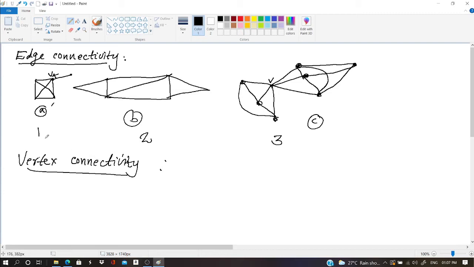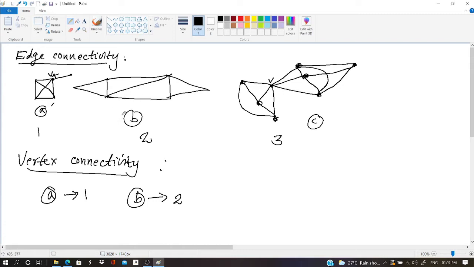Similarly, we can calculate the vertex connectivity of each of these graphs. From the first graph, if we delete this vertex V4, then the graph becomes disconnected. So the vertex connectivity of the first graph is 1 and that of the second graph is 2. If we remove a single vertex, the graph is not disconnected.